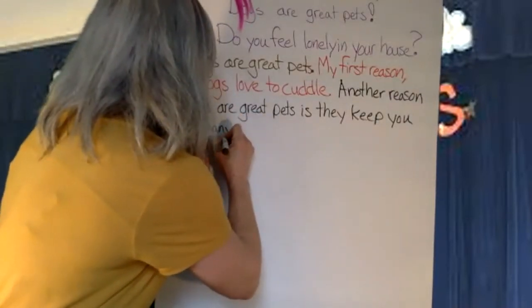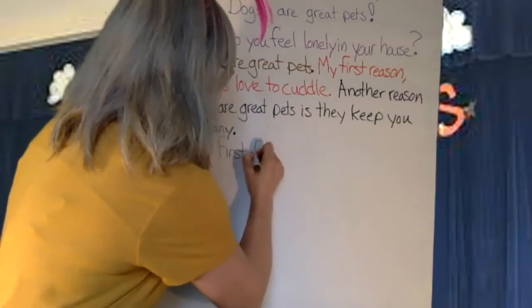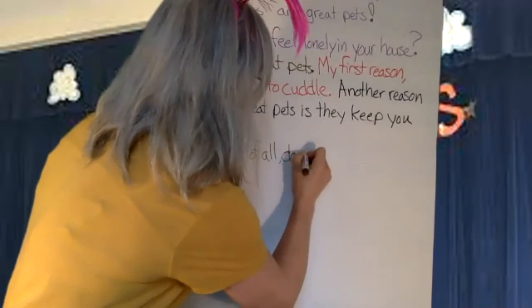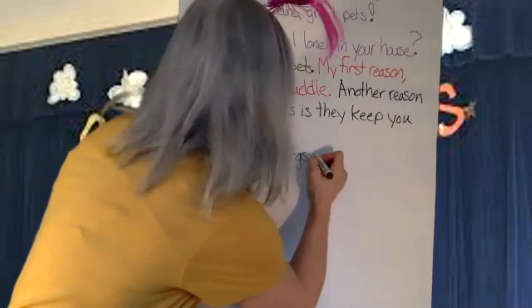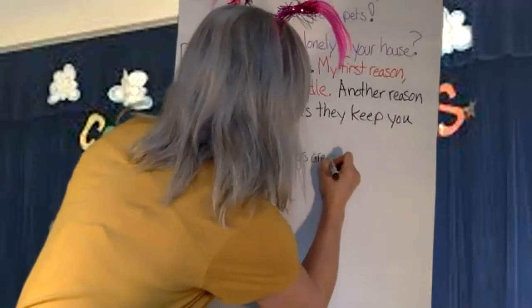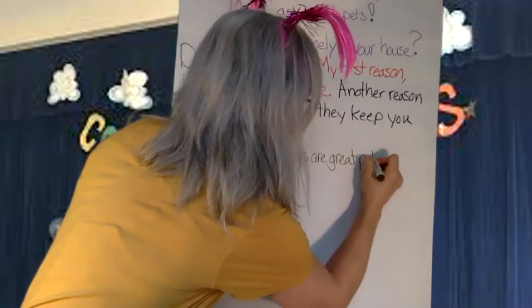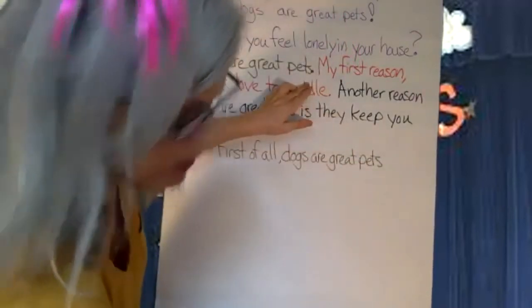So I like transitional language like that. First of all, dogs are great pets. Essays come out sounding a little bit repetitive because you say things over and over again. And I'm going to switch my color to show you that I'm combining that with this first reason, and we're keeping them in order.